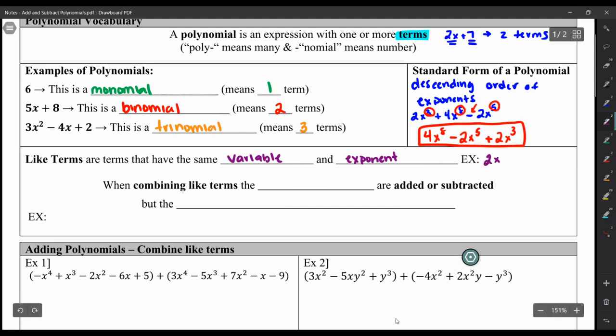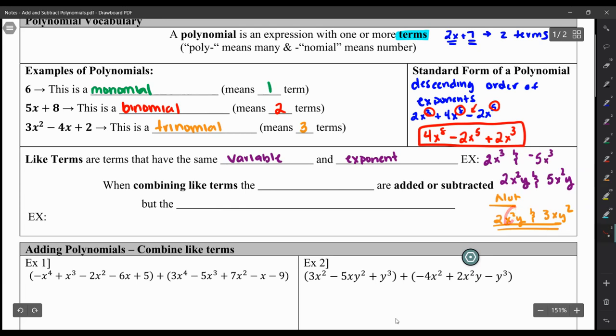So for example, 2x to the third and negative 5x to the third are like terms. 2x squared y and 5x squared y are also like terms. What are not like terms is something like 2x squared y and 3xy squared. These are not like terms because the variables and the exponents are not exactly the same.